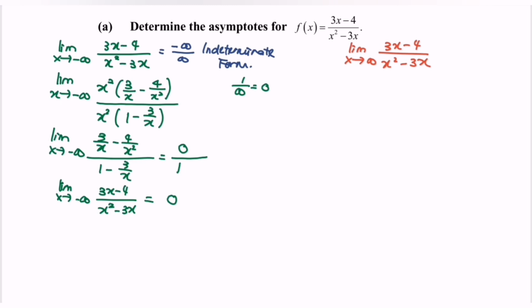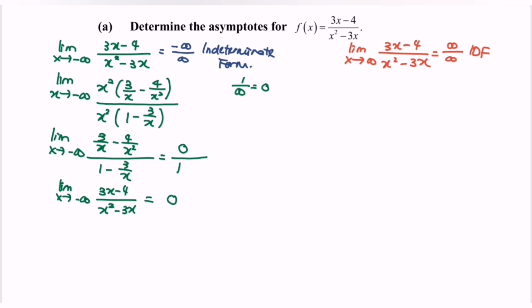Next, focus on the right hand side. As we can see, the situation is the same. If we substitute, we will obtain positive infinity over positive infinity, where we have the indeterminate form as well.